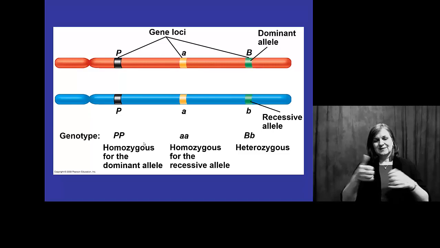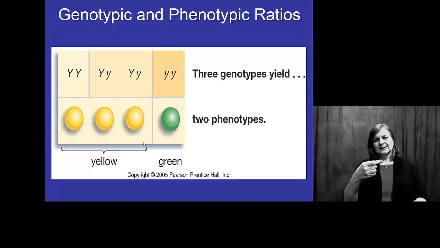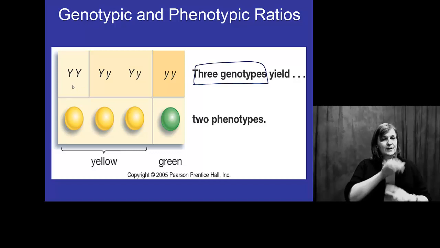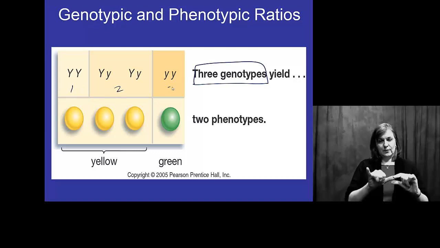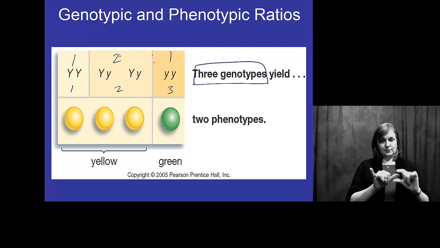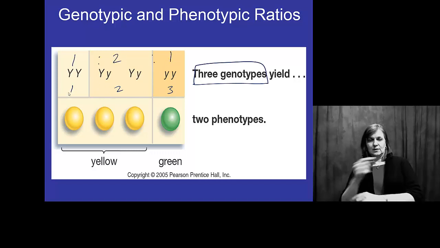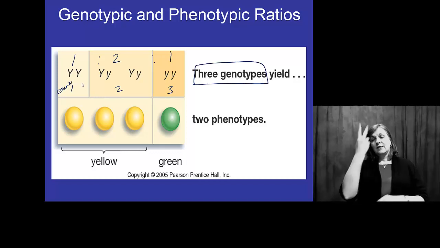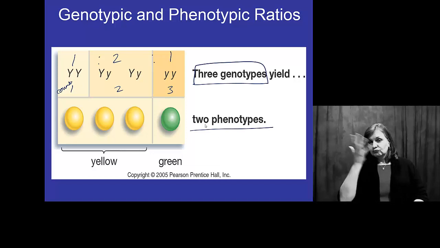But as we're focusing right now on our P's, we think about these three different genotypes that we have. One different one, 2, 3, right? We get two of those, and we got this 1 to 2 to 1 ratio. These are counts. But the phenotype that we got was only two different phenotypes.